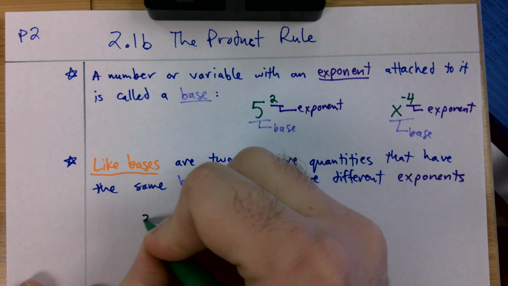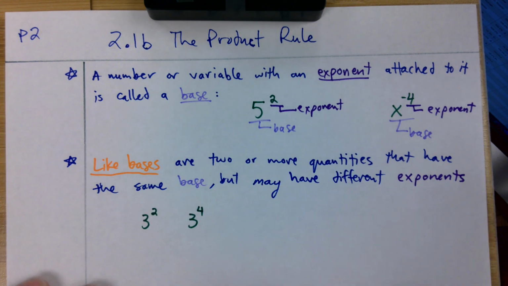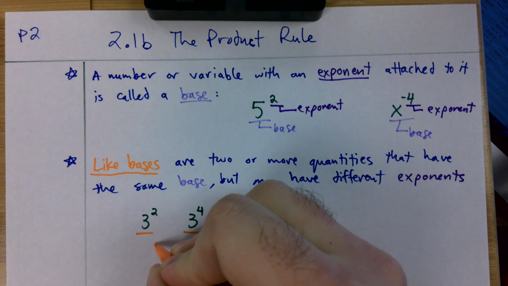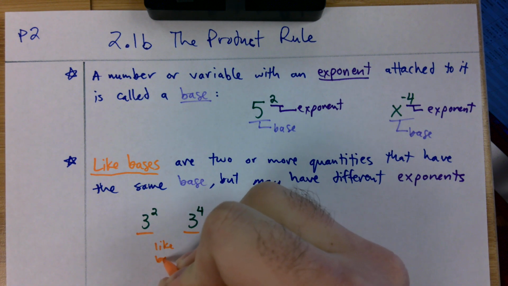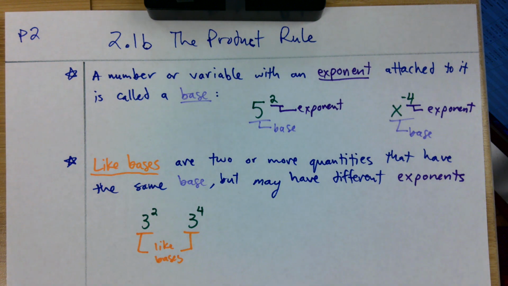For example, if we had 3 squared and 3 to the 4th, we can call these 2 quantities like bases. Okay, 3 to the 2nd and 3 to the 4th. They have the same base, but different exponents.